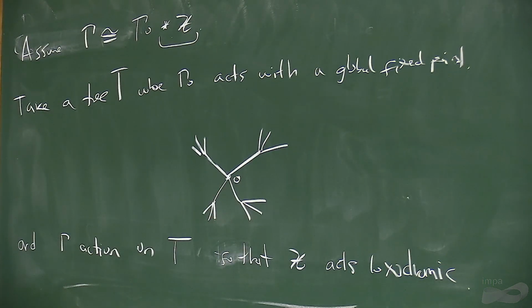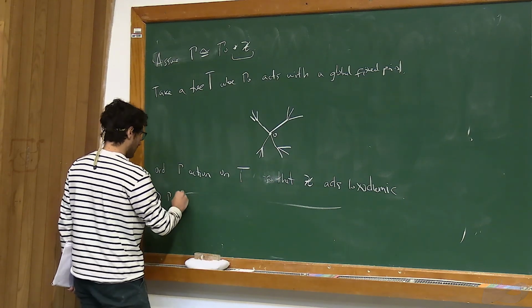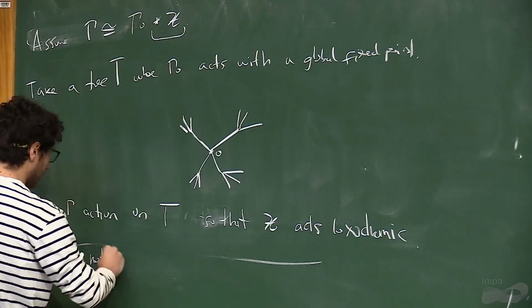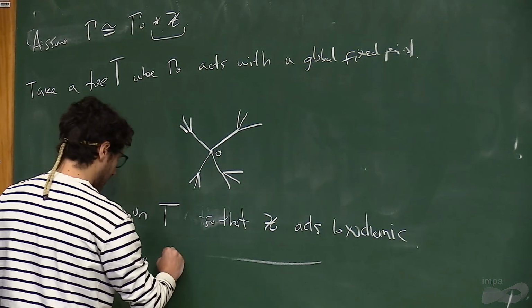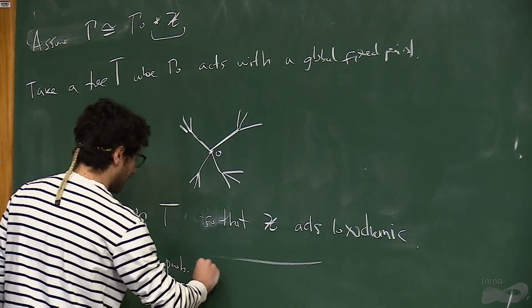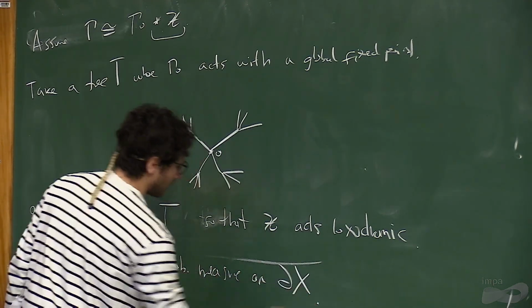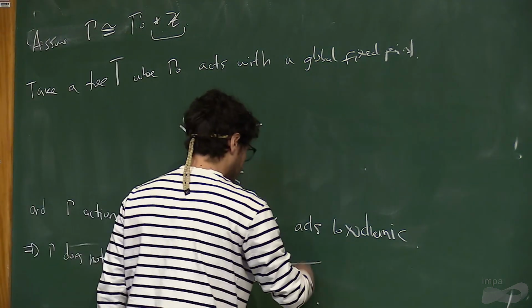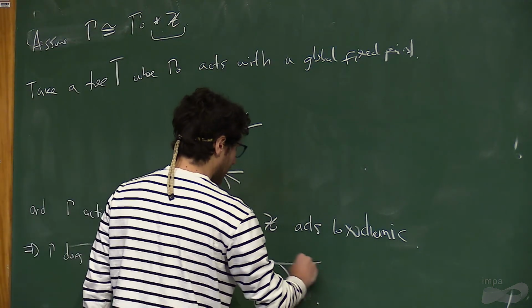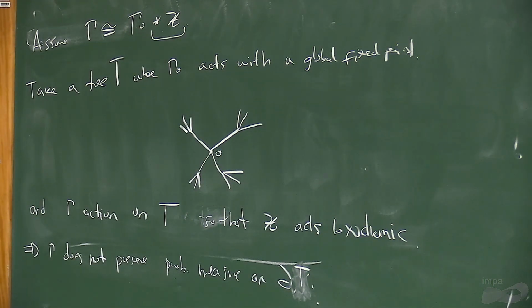Then gamma does not preserve a probability measure on delta T. Okay, contradicting what this thing is saying.